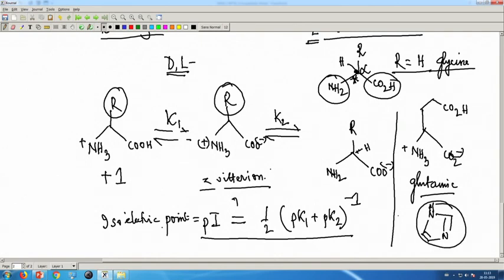So, depending on whether NH2 or imidazole is present, or it could be the guanidine group of arginine, these are called the basic amino acids. The basic amino acids are mainly lysine and arginine. There is another amino acid called histidine, which is much less basic than arginine or lysine. So, the strongest basic amino acids are lysine and arginine. These classifications are there for amino acids.